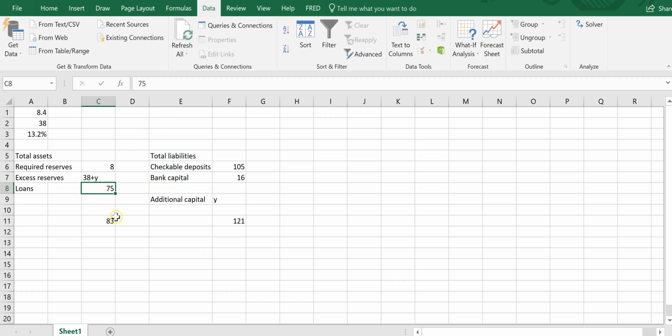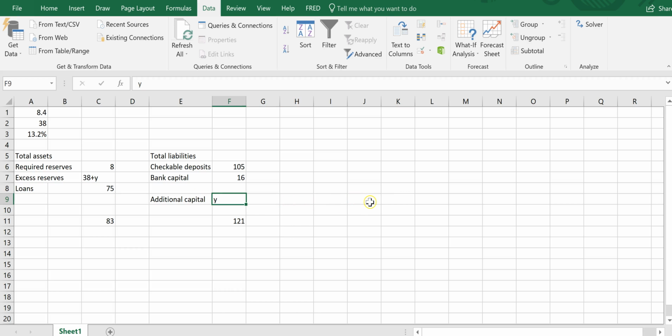Initially the equation is balanced, as we just calculated. With this new additional capital, you also need to add y to the left-hand side, and you can only add to the excess reserves. Because the initial excess reserves is $38 million, the new excess reserves has to be 38 plus y.